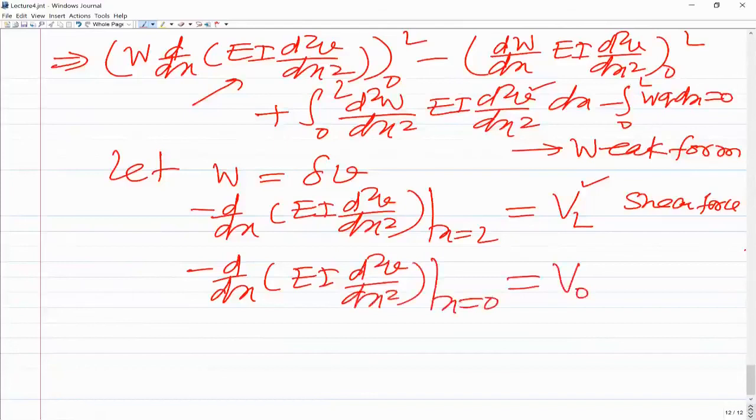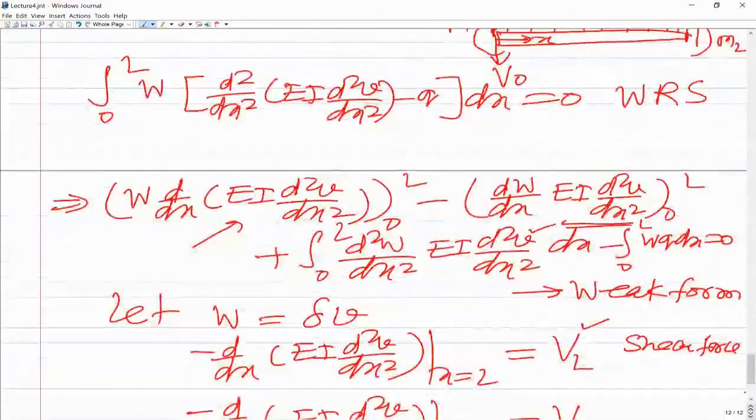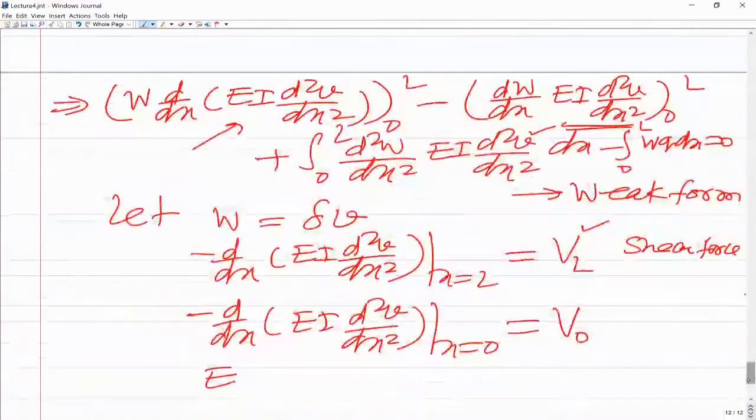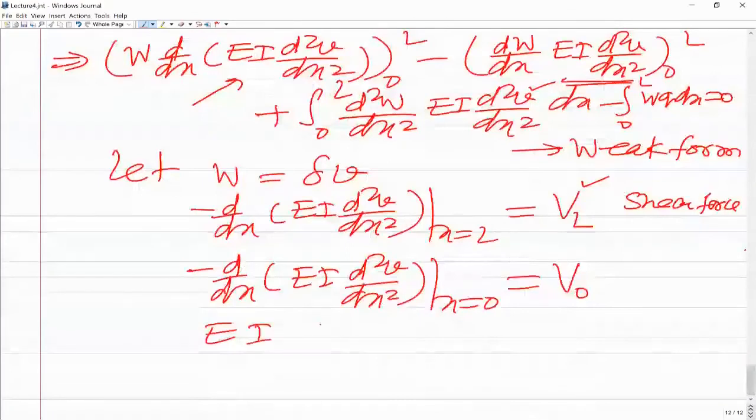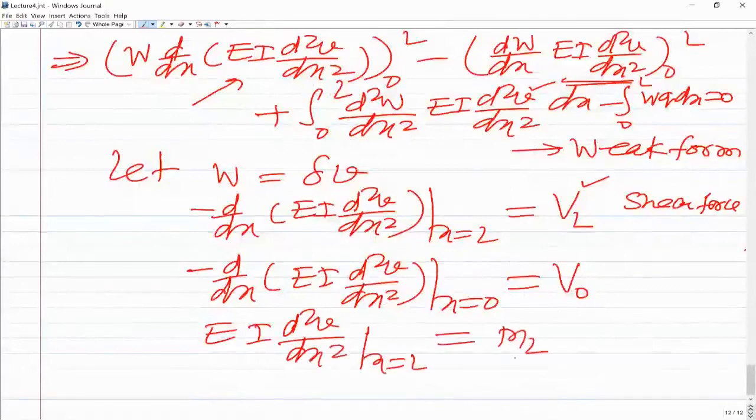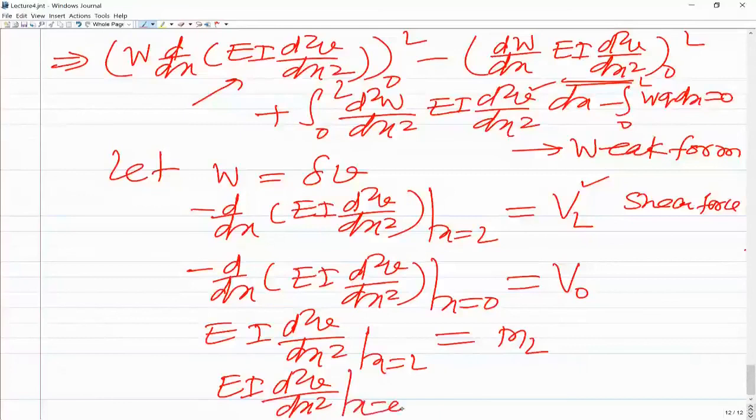Then in the second boundary term, the secondary variable is EI d2v by dx square, and we are going to denote that by these letters: EI d2v by dx square at x equal to L is, let us say, ML, and EI d2v by dx square at x equal to 0 is, let us say, M naught.